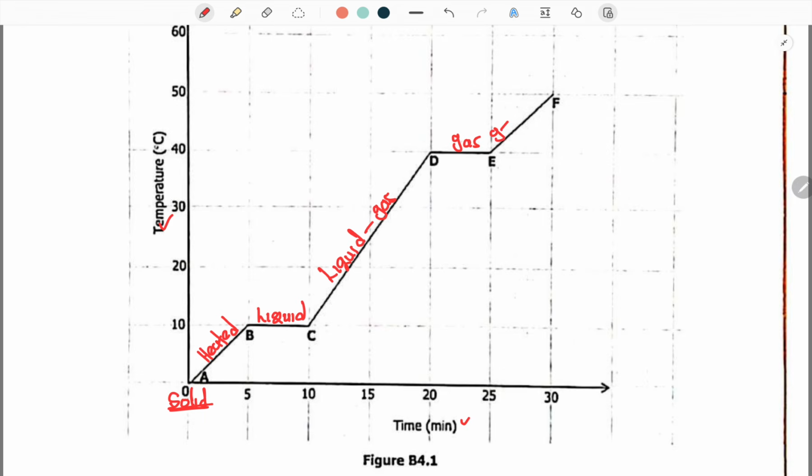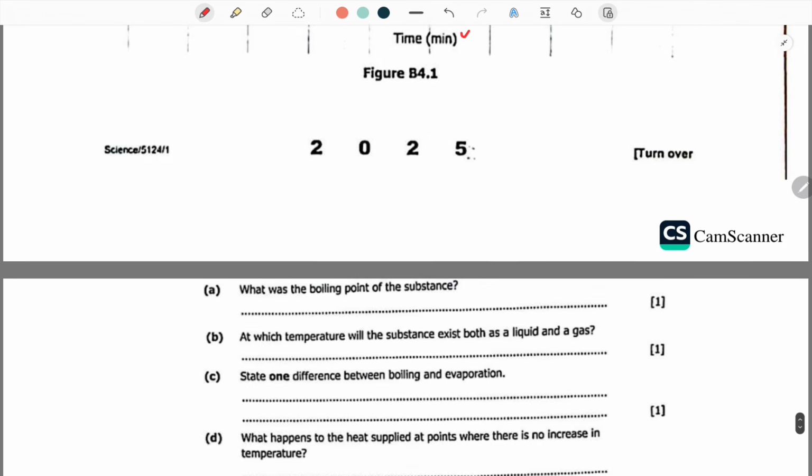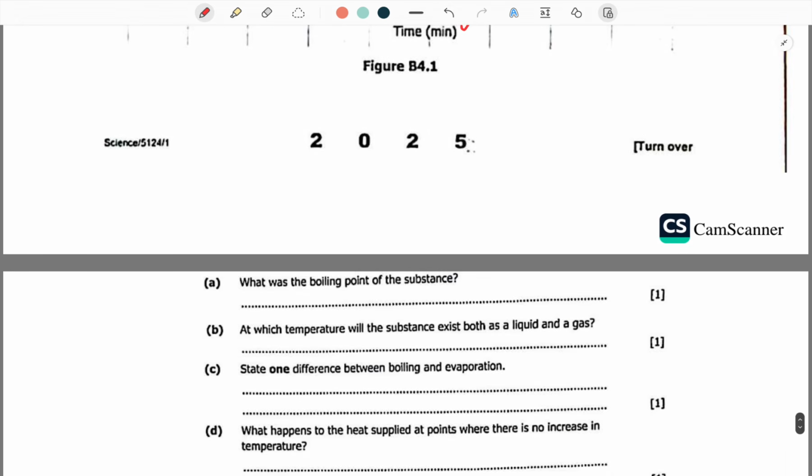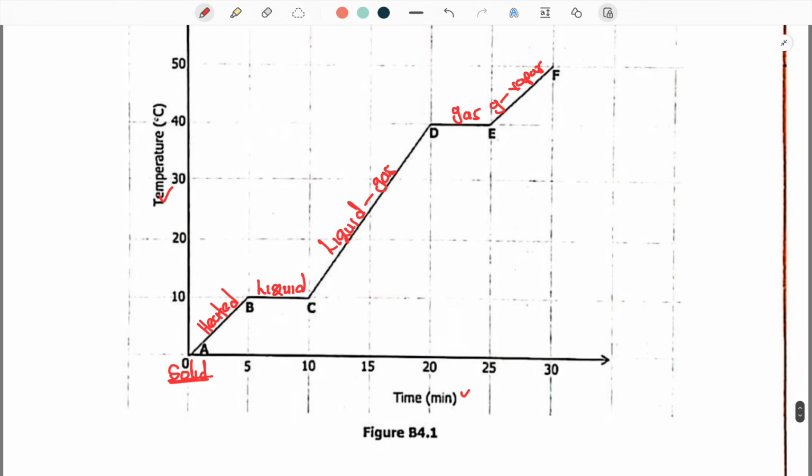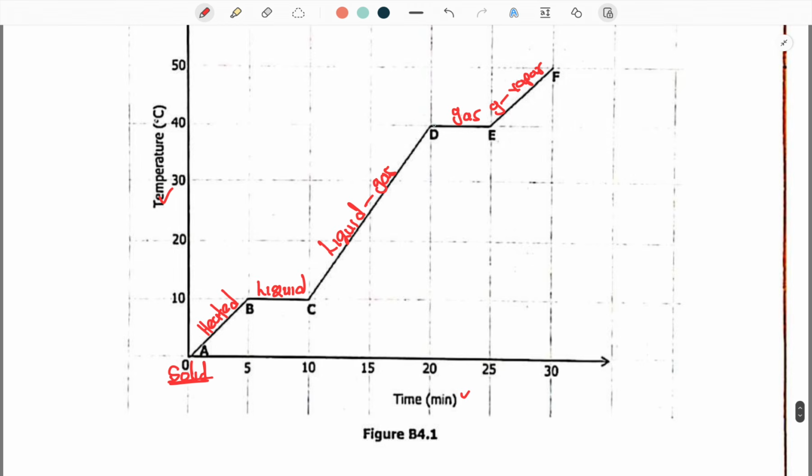Here it's a gas now going to vapor. Now the question is saying, what was the boiling point of the substance? So at what point exactly did it start boiling? It started boiling at this particular point. At this particular point, here it's a liquid. Liquid, it's very hot.